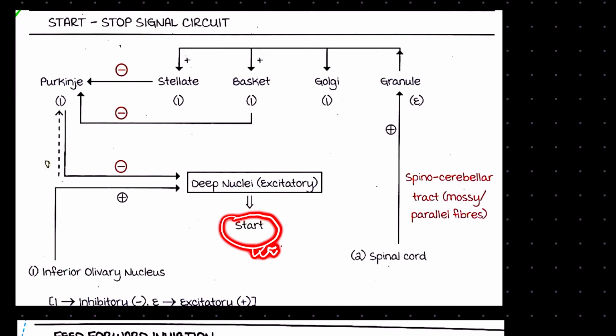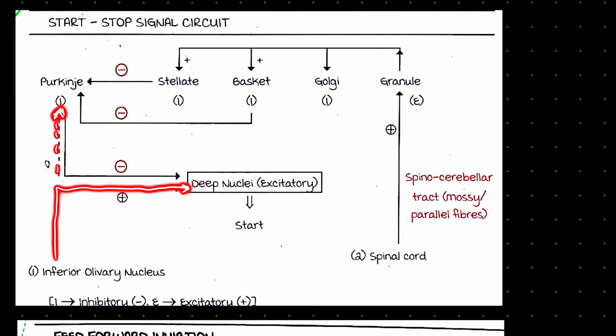Now if we need to stop it, what will happen? The climbing fiber that was exciting the deep nuclei also has other branches, and these are also supplying our Purkinje cells.